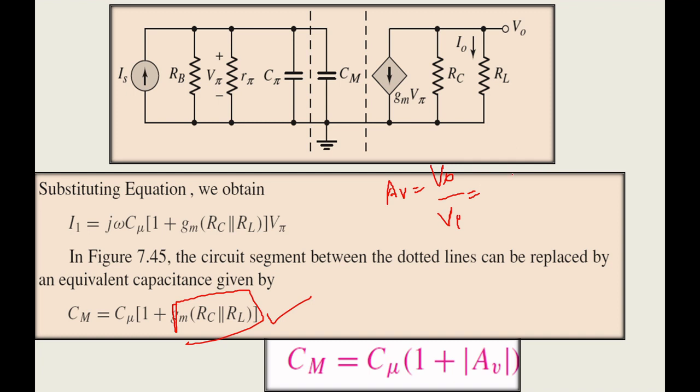V naught is gm times RC parallel to RL, and you have V pi as the input, so V pi will cancel. So I can write AV is nothing but gm RC parallel to RL. With that, this was written as AV.